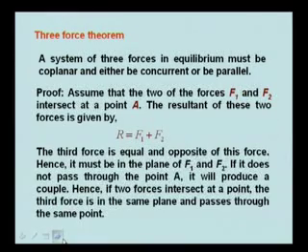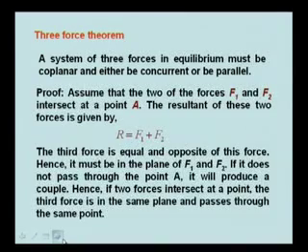Now, we present the three force theorem. A system of three forces in equilibrium must be coplanar and either be concurrent or be parallel. The proof of this is as follows. Assume that two of the forces F1 and F2 intersect at a point A. Supposing they are not parallel, two forces can intersect at a point A, then the resultant of these two forces is given by R equal to F1 plus F2.